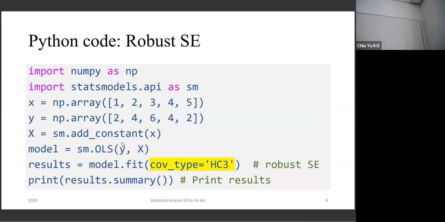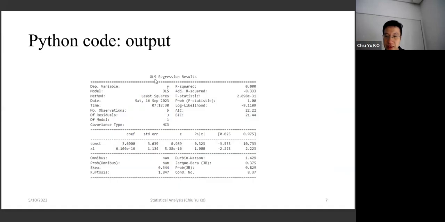That's very simple: you just use the covariance type HC3, that'll be fine. There are 0, 1, 2, and 3, but we only care about 3. You will see that when robust is used, it's something like HC3.